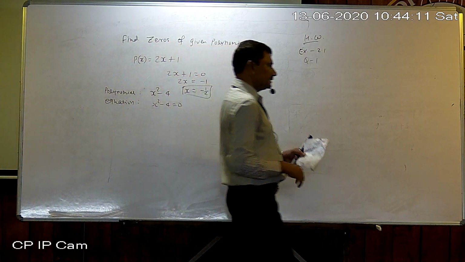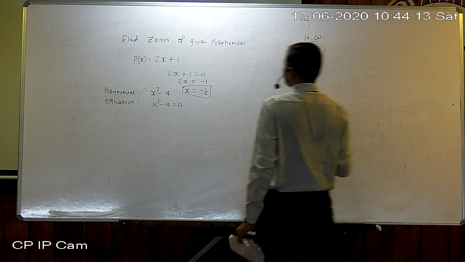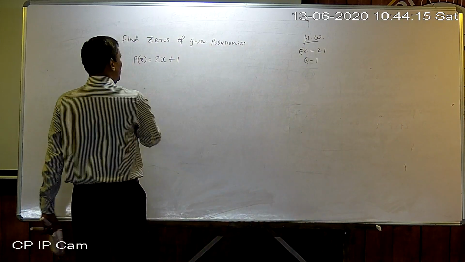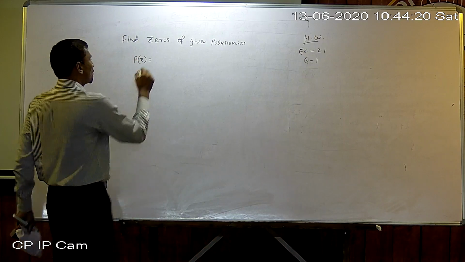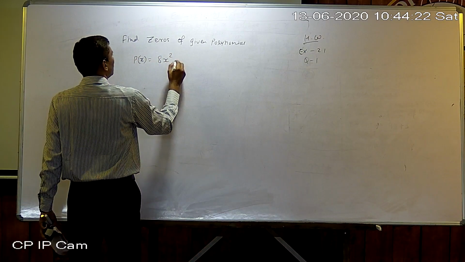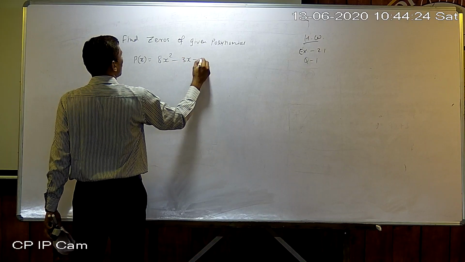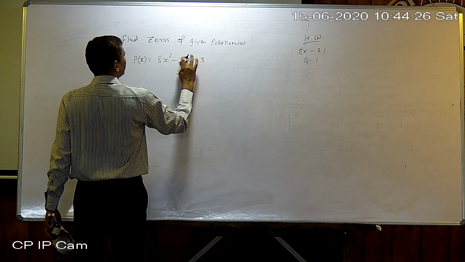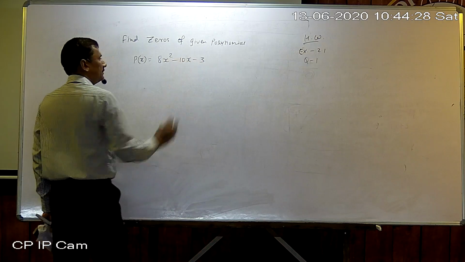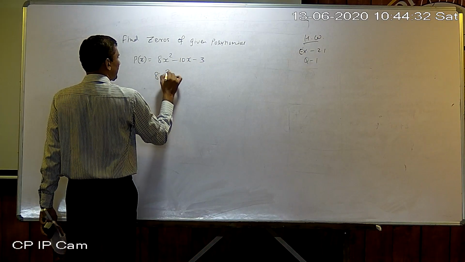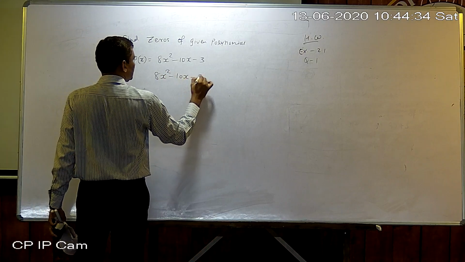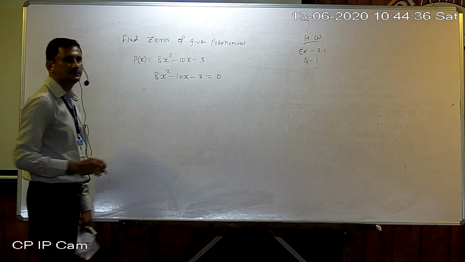Now suppose you are given a quadratic polynomial instead of a linear polynomial, then how to solve it? Suppose you are given this. Obviously, you will put 0 against this, which means you set this polynomial's value equal to 0.